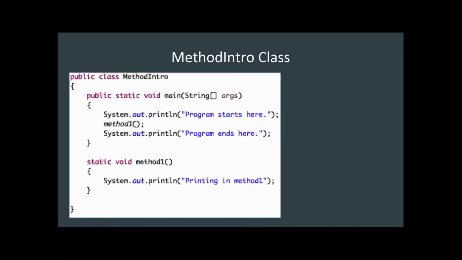A good example of a public method is substring. Substring is something that was on your summer work. That method exists in the string class, but every time you called it, you were in a different class. So substring is a public method from the string class. Static is not something I want you guys to worry about right now.